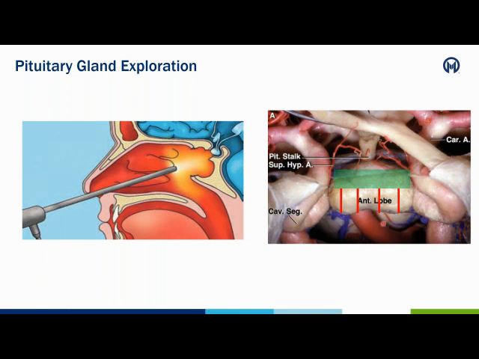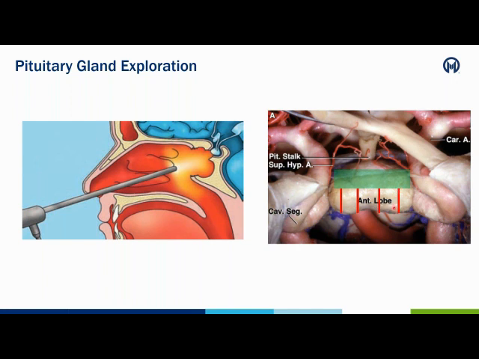So we put 3, 4, 5 cuts on the gland while keeping the top attached, and then basically look for any sign of suspicious tumor or suspicious tissue that would be compatible with an ACTH pituitary adenoma.